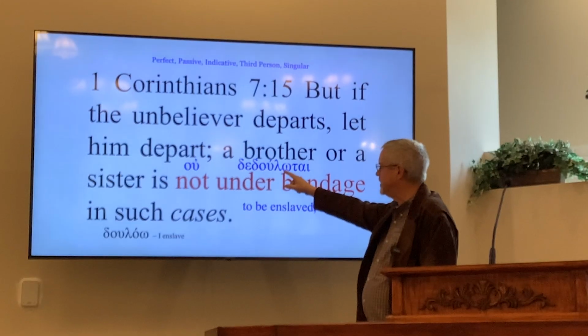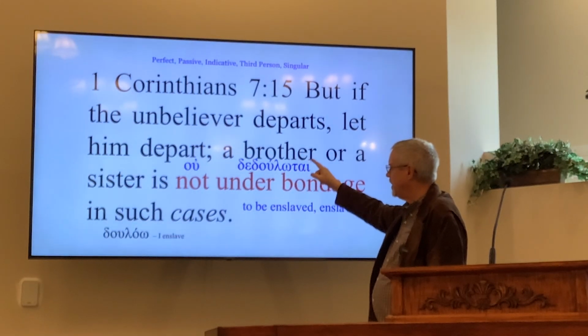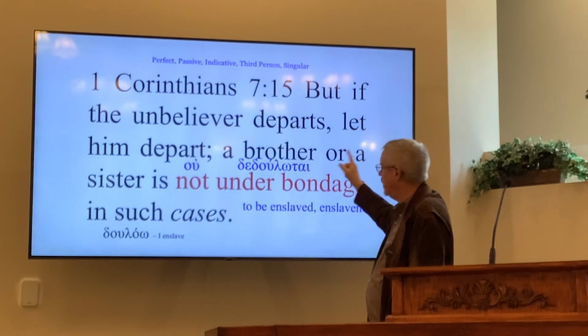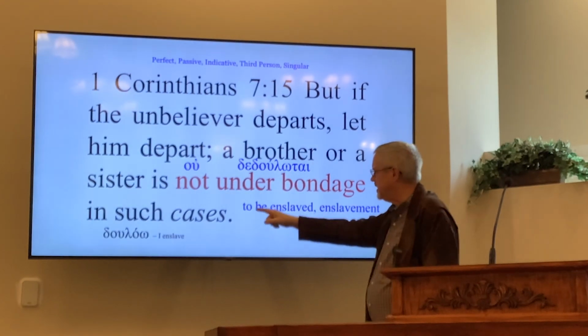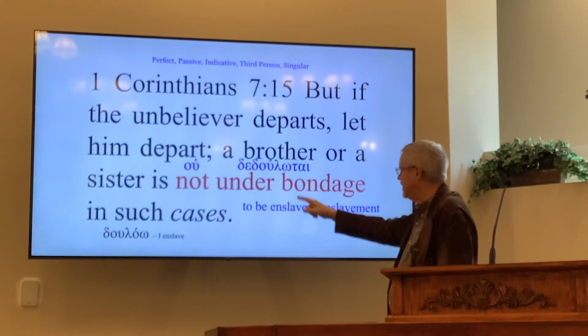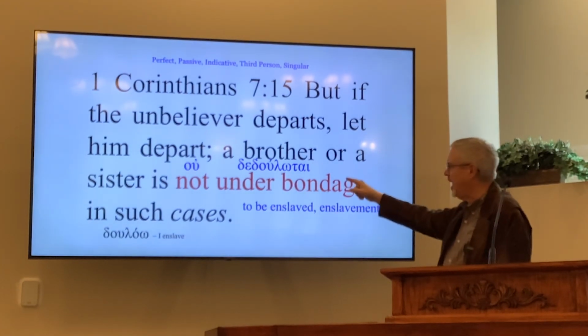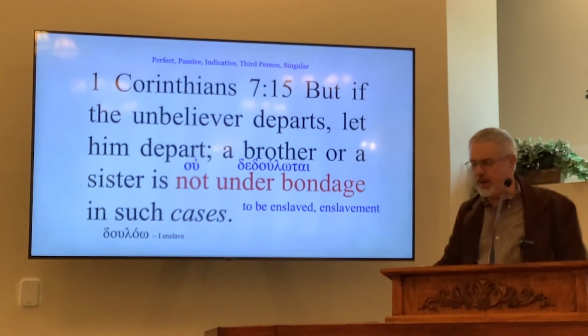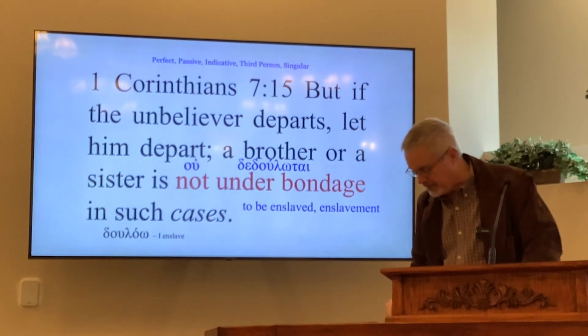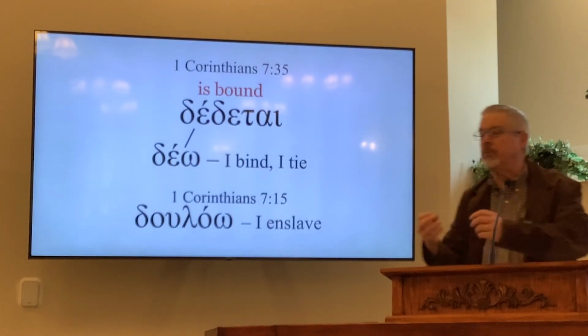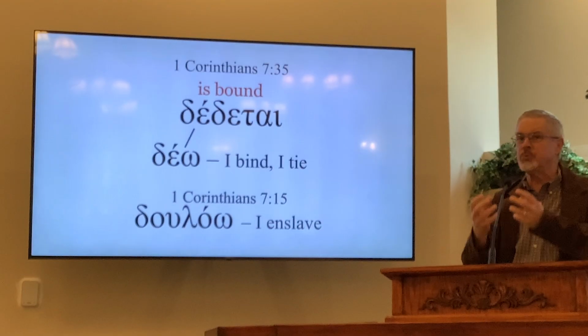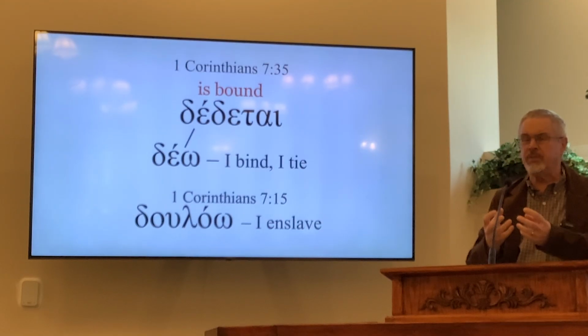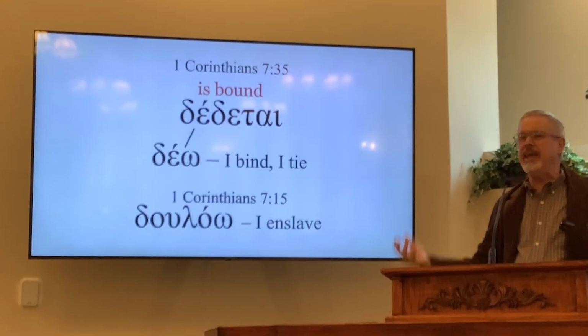Here is a different condition. A brother or sister is not under bondage in such cases. That is to be enslaved, or enslavement, which is showing us the difference in the true marriage, what marriage is, the bonds that are there, and their limits.